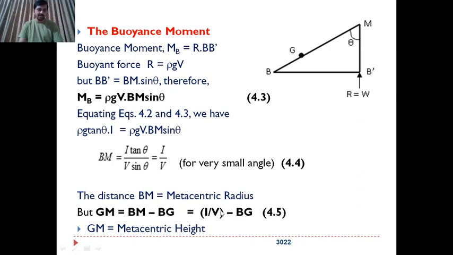Obviously this V is the displaced volume, or VD. Yesterday we have seen what VD is. So if you write down this equation and calculate, you will get the metacentric height GM of the floating body. So the metacentric height of the floating body is equal to I by V minus BG.